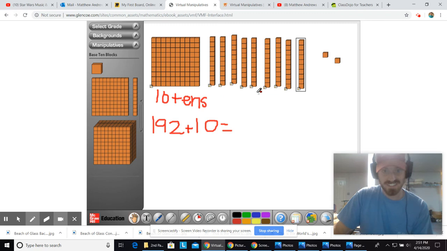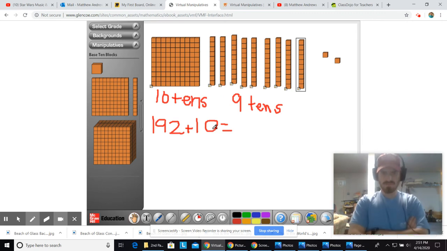And I have 9 tens over here. And 2 ones. If we were to add one more 10, what would my number be now? Well, if I think about how many tens I have altogether, if there's 10 here and 9 here, that would make 19 tens, right?